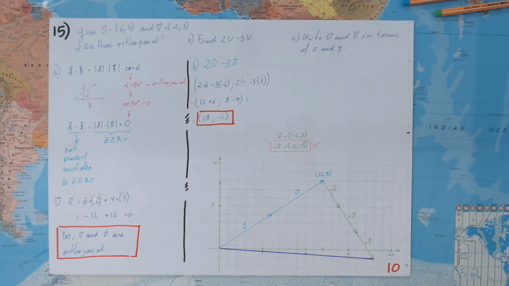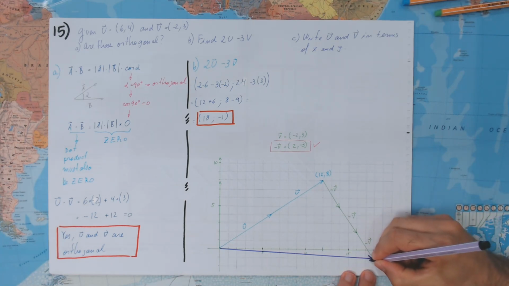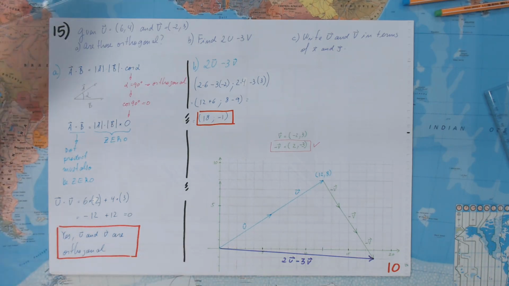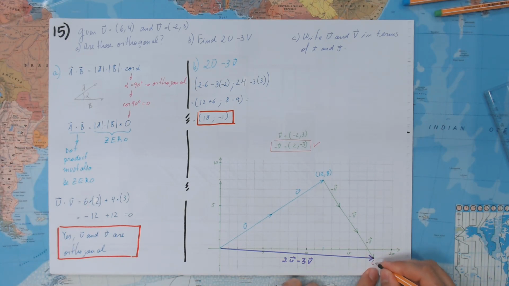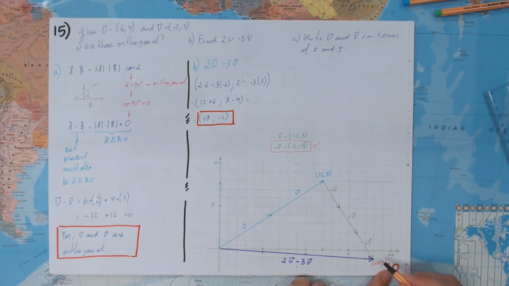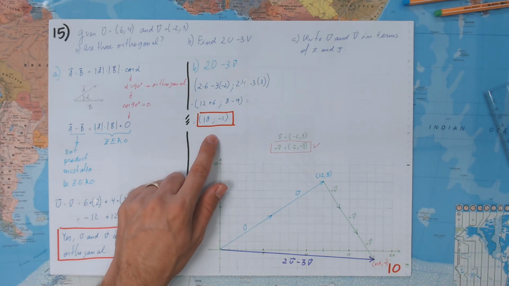This is going to be the vector 2u minus 3v, and it has coordinates, as we can see from here, 18, minus 1. I'm sorry, this is plus 18, minus 1. Okay, just like we said in here.